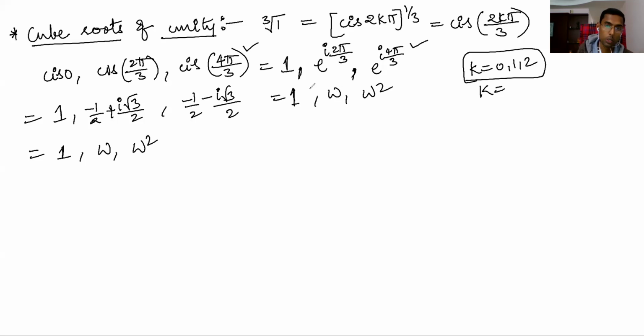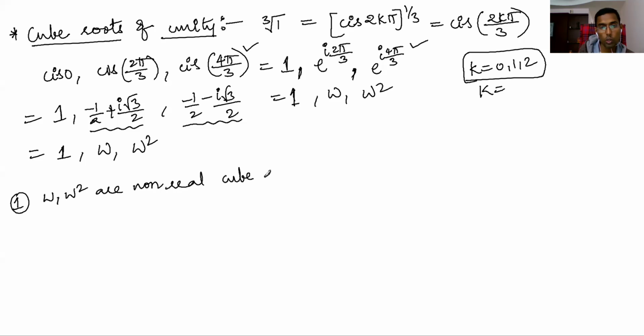So, a number of facts here. Generally here we have omega and omega square. Out of 3 roots, 2 are non-real. Here omega and omega square are non-real cube roots of unity.